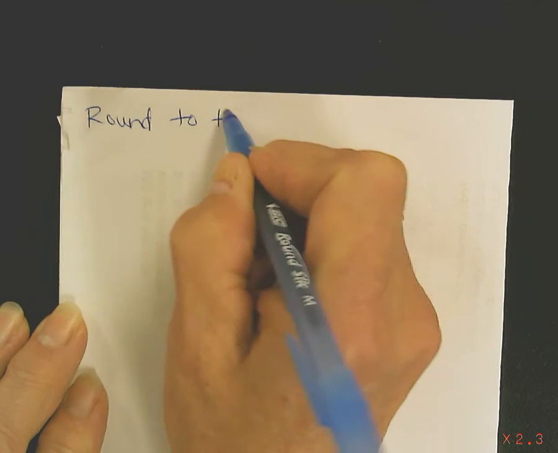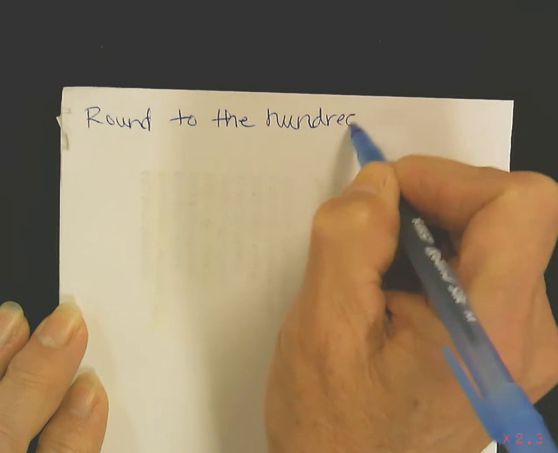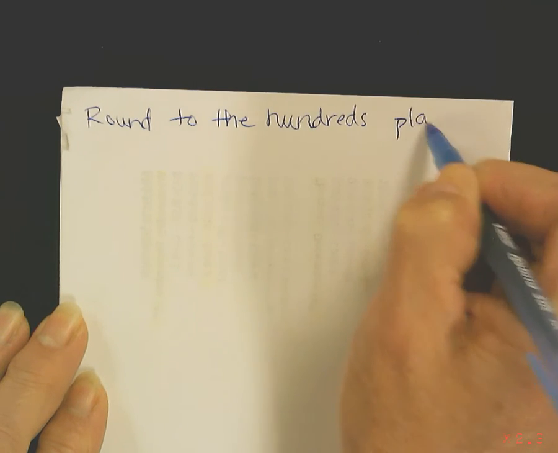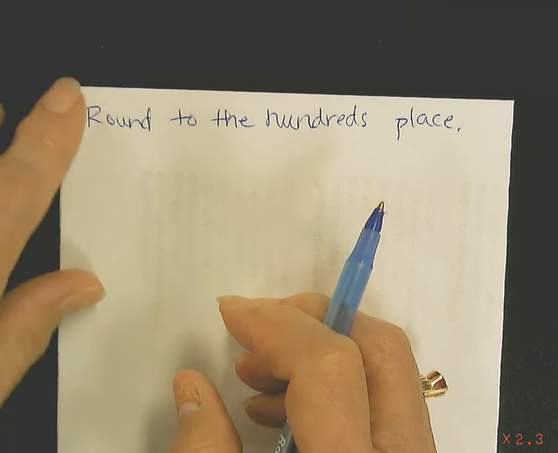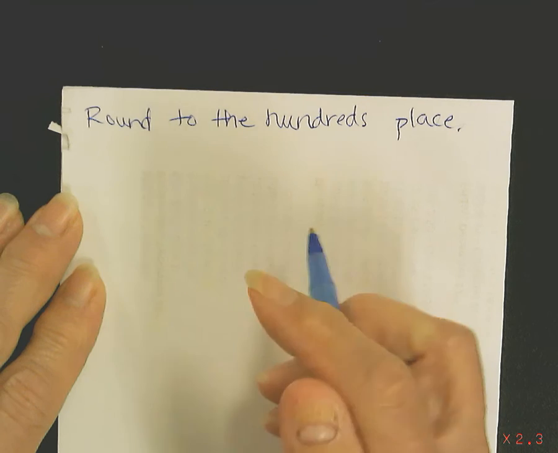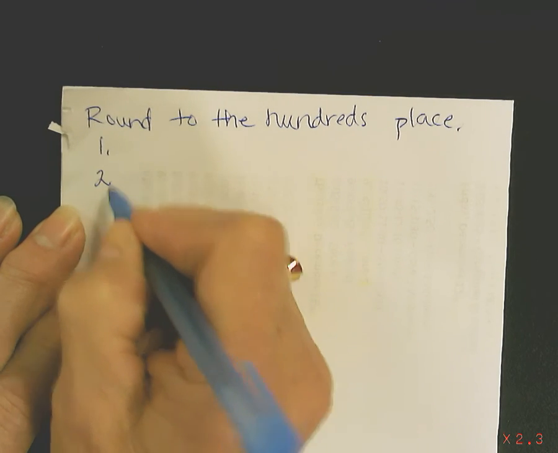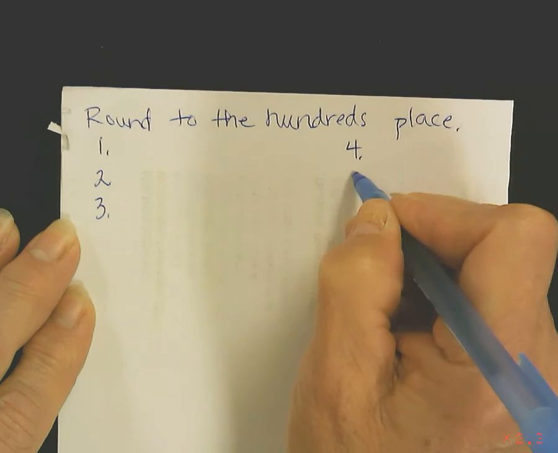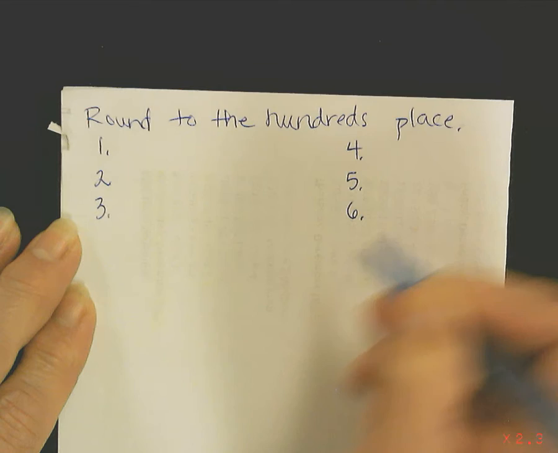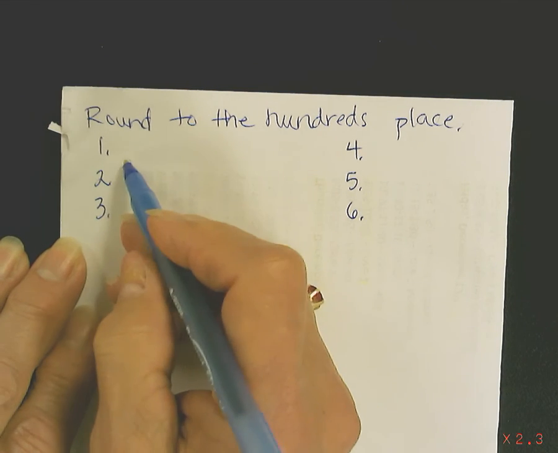Round to the hundreds place. And I'm going to write down 6 examples. I'm going to do 3 with you and then let you practice 3 of them. So I'm going to do 3 numbers here that I round off. And 4, 5, and 6 you'll do to show that you understand it. So write these numbers with me.